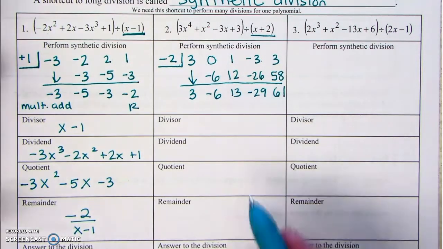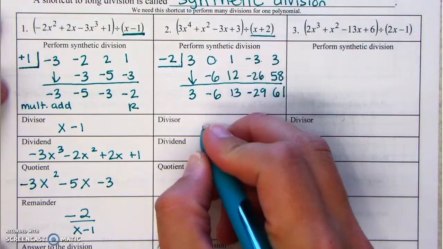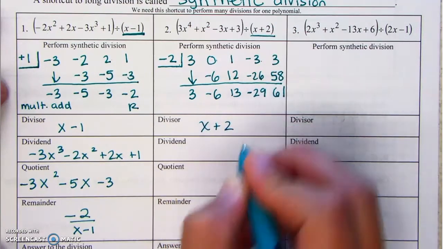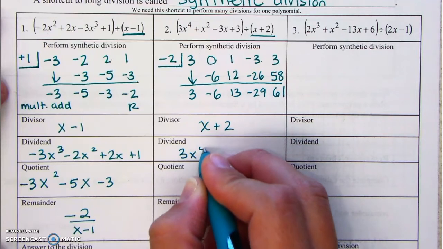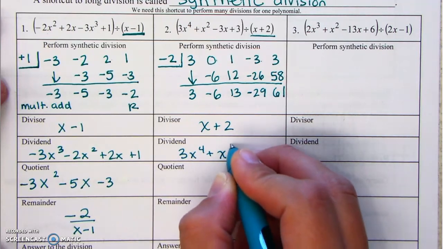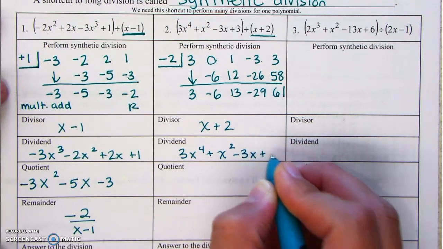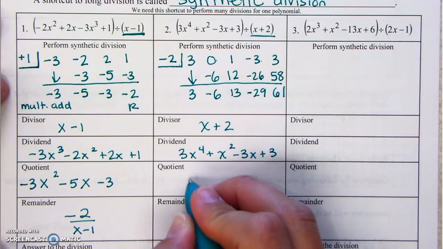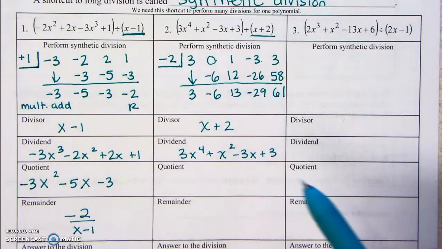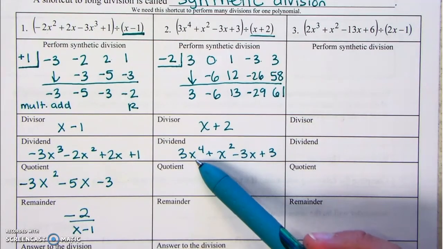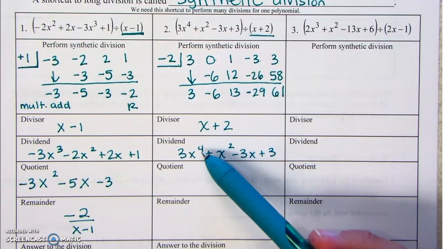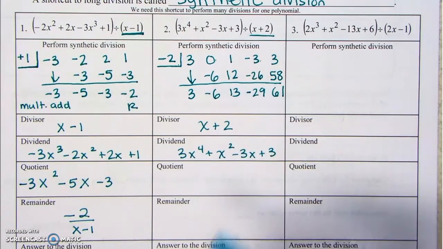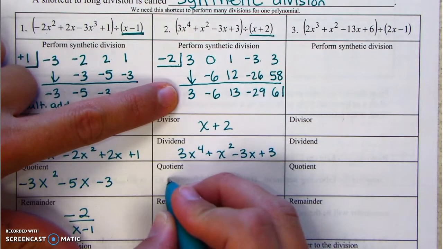What's the divisor? The divisor is x plus 2, and the dividend is the numerator of what you're dividing into. The quotient is your answer. Now hold on here. If this is the dividend and this is the divisor, then what is 4 minus 1? 3. And this 3 is a coefficient.